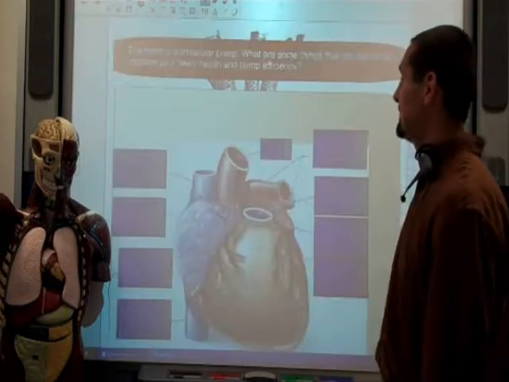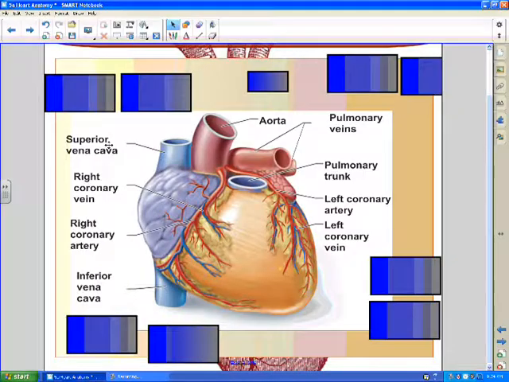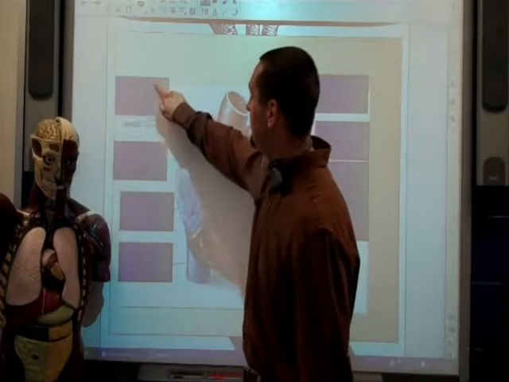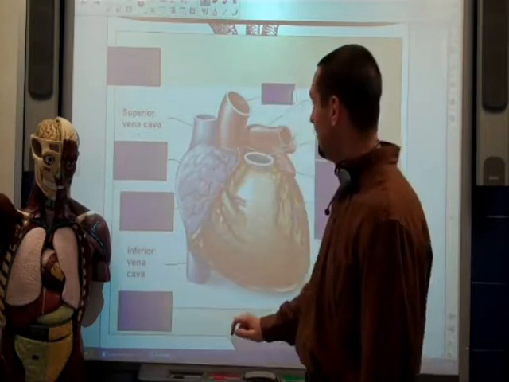Let's take a look at some of the ways that the heart circulates blood. Here again, superior vena cava. Down here, inferior vena cava.